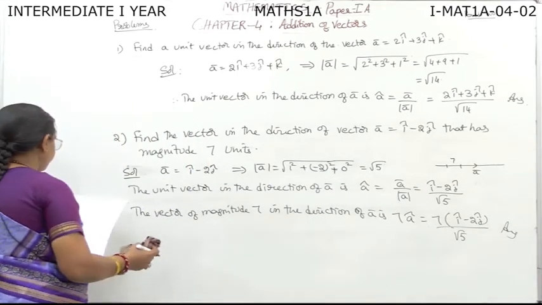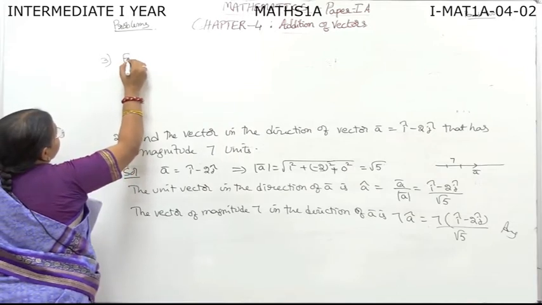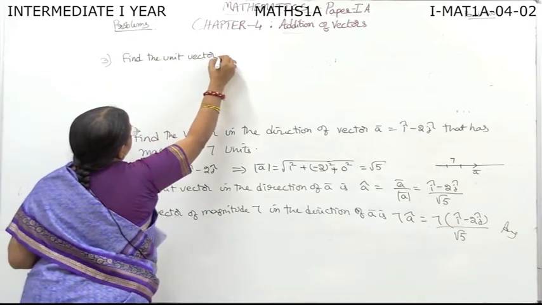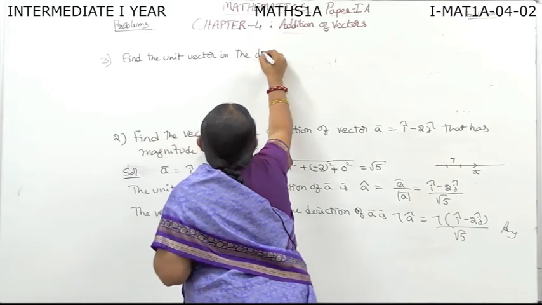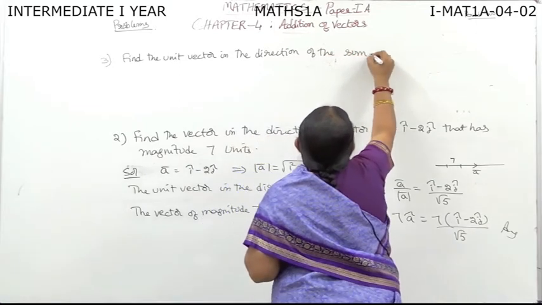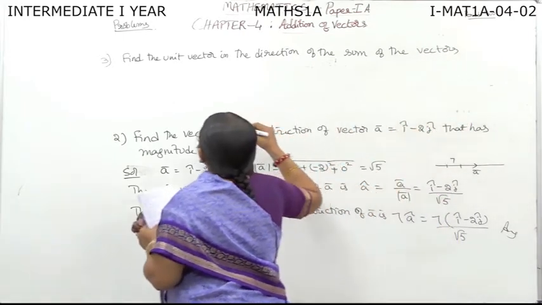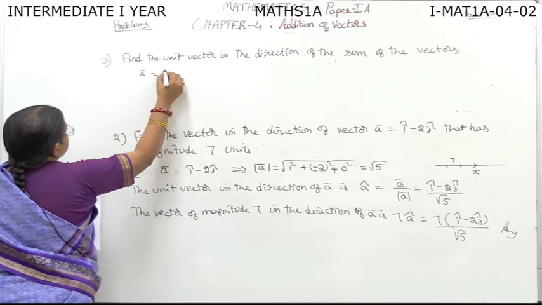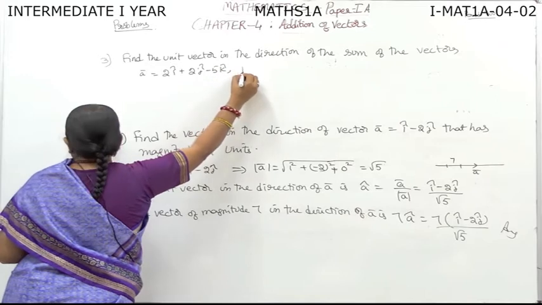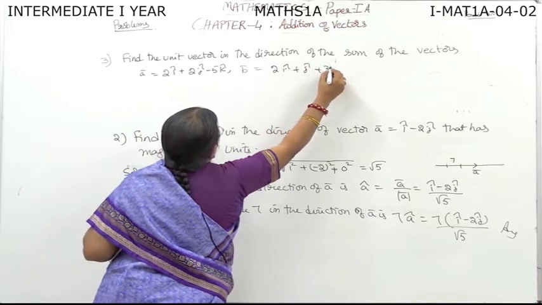The next problem. Find the unit vector in the direction of the sum of the vectors A is equal to 2i plus 2j minus 5k and B is equal to 2i plus j plus 3k.